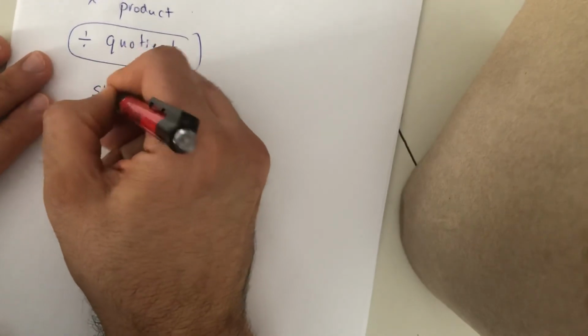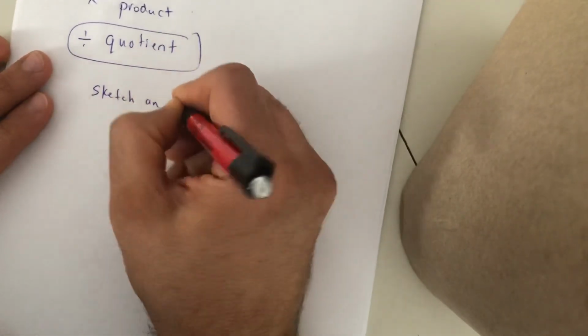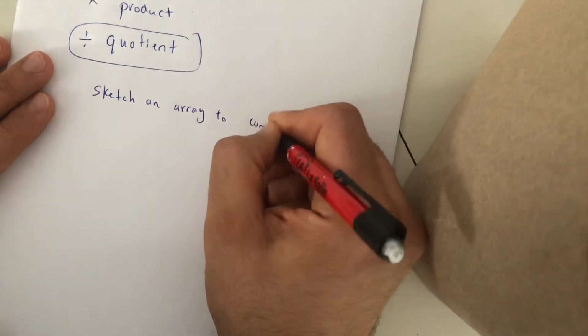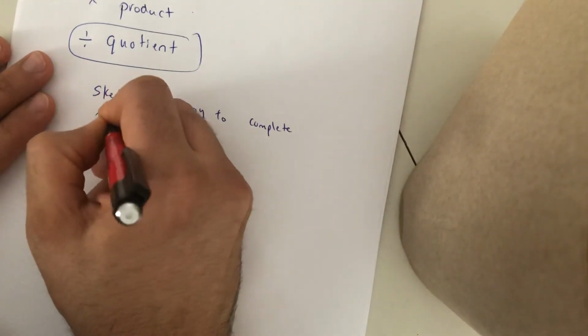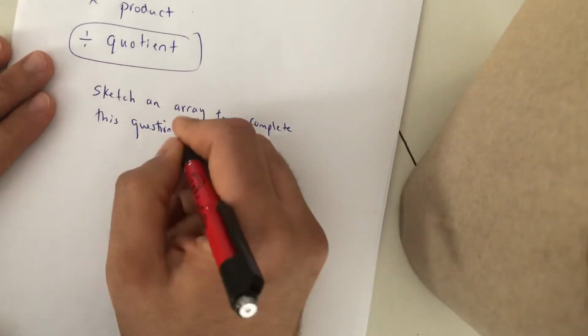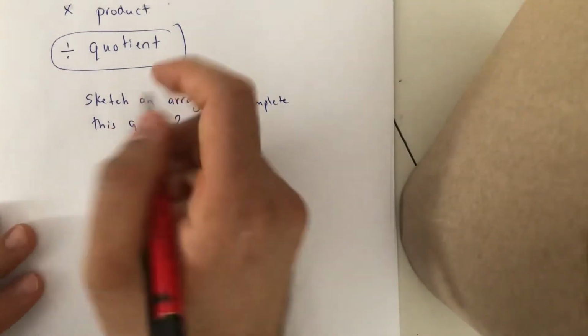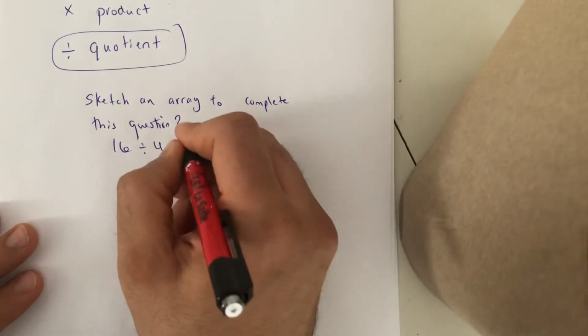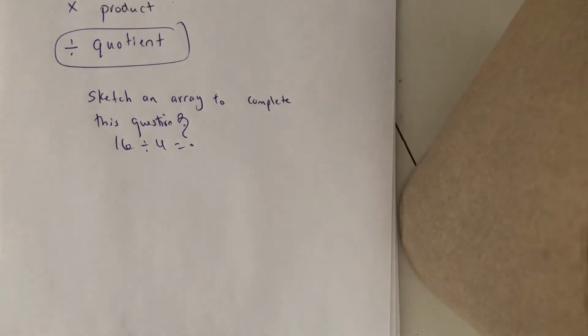So let me write the question. Sketch an array to complete this question. 16 divided by 4 equals what?